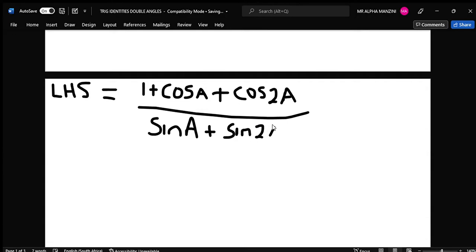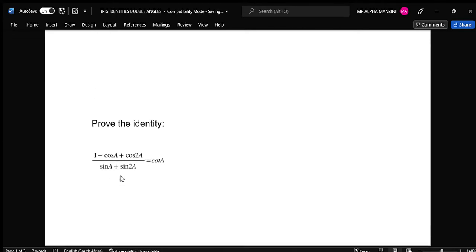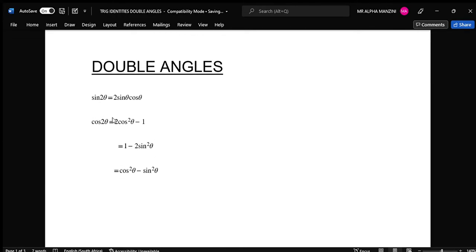From here, we said these are double angles. There is sin 2A, there is cos 2A. Sin 2A has only one formula, but cos 2A has 3 formulas.